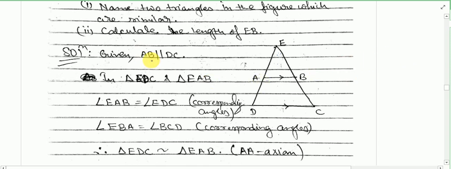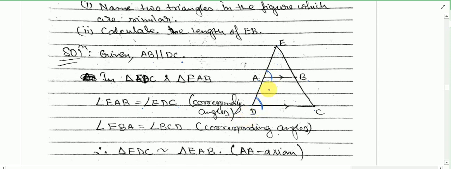So here we have been given that AB is parallel to DC, and now we have to show which two triangles are similar. So I am taking these two triangles EDC and EAB. Here I observe that angle EAB is equal to angle EDC, that means this angle is equal to this angle.